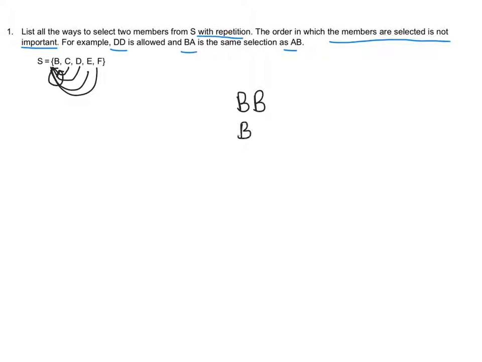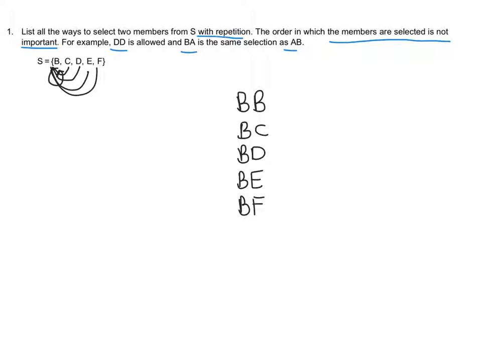We have BC, BD, BE, and BF. This first column represents the number of ways to select two members when we have B first.